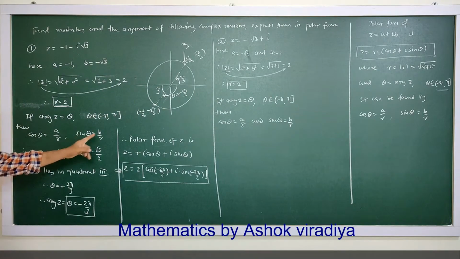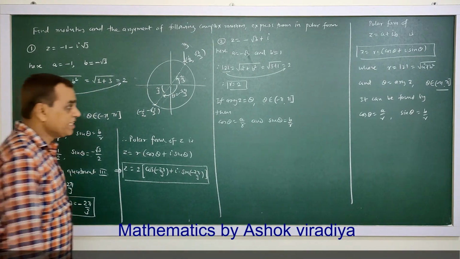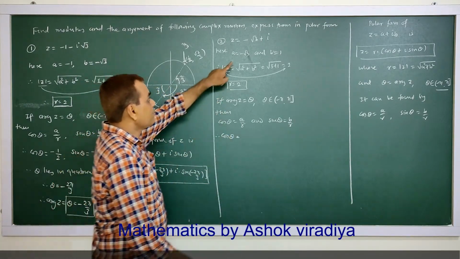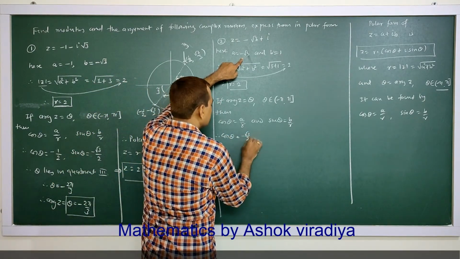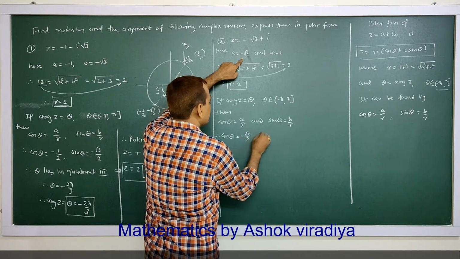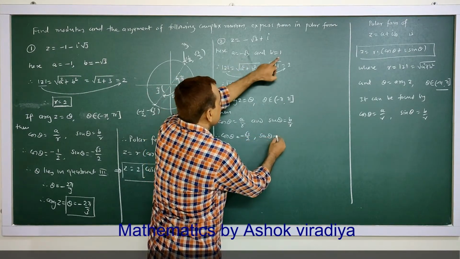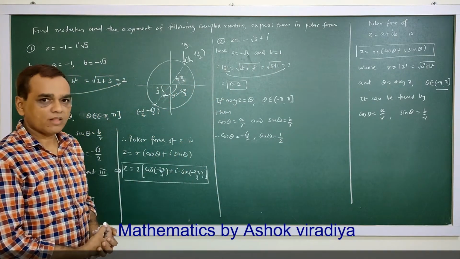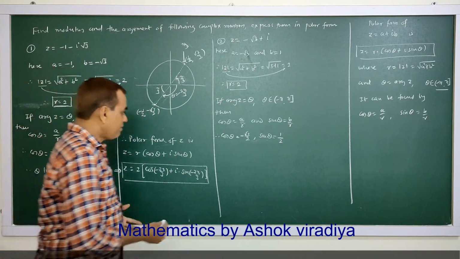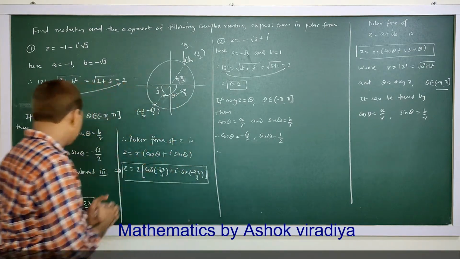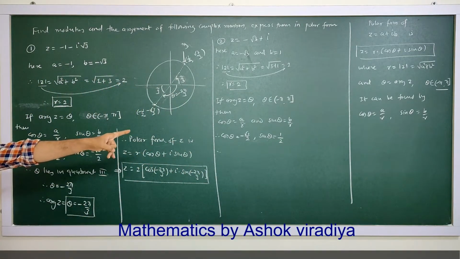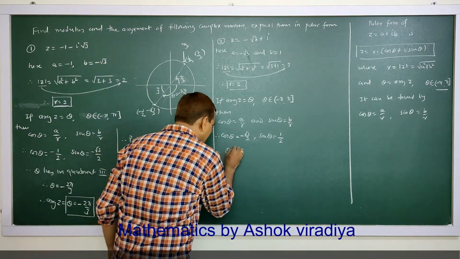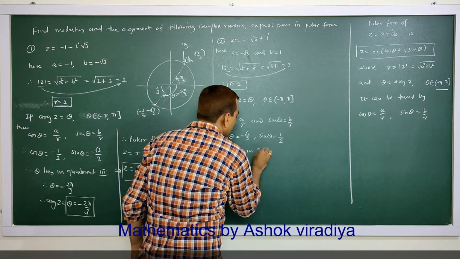So cos theta is a by r, minus root 3 by 2, and sin theta is b by r, 1 by 2. Now, cos is negative, sin is positive. So theta lies in quadrant 2.